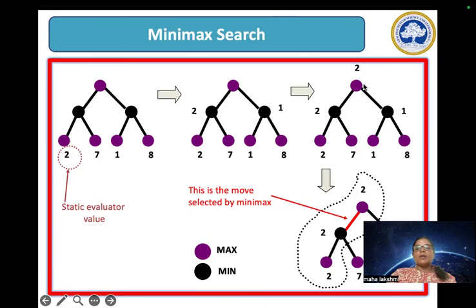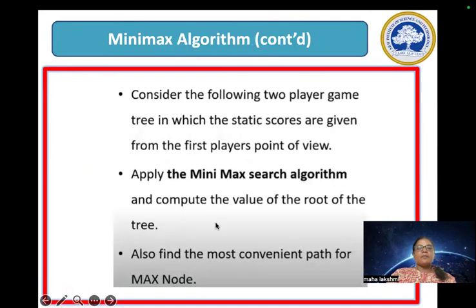So this is how the minimax search algorithm works. And the 2 is followed from where? This 2, this 2, and this 2. So the path for finding this 2 at the source node is this one: 2, 2 and 2. This is our path after the min-max search algorithm.